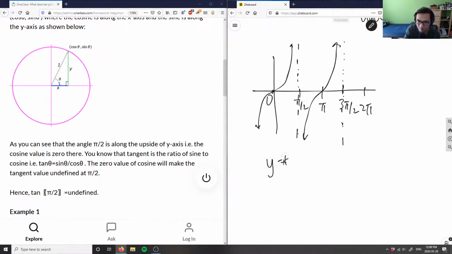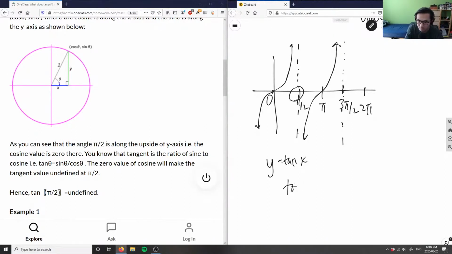This is the graph of y equals tangent of x. At every odd multiple of pi over 2, you get an asymptote, at every n pi you get 0, and at every odd n pi over 2 you get an undefined value. So taking tangent of pi over 2, this is an asymptote, therefore it is undefined.